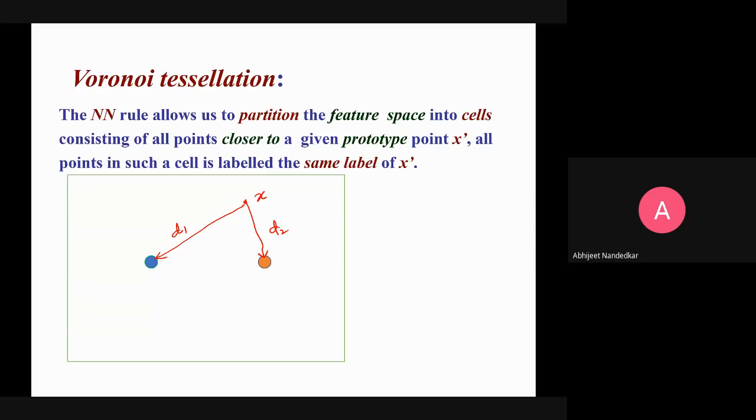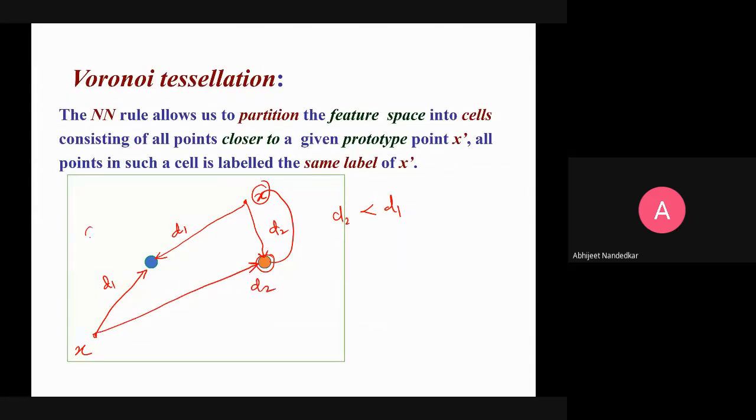Then d2 is less than d1, so whatever is this orange label will be the label of this x. Similarly, suppose my x test is here, then I take this distance d1 and this distance d2.